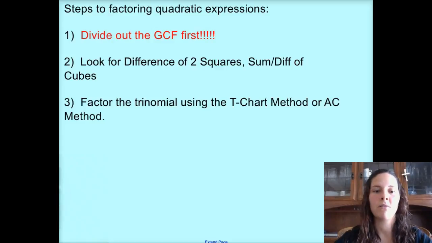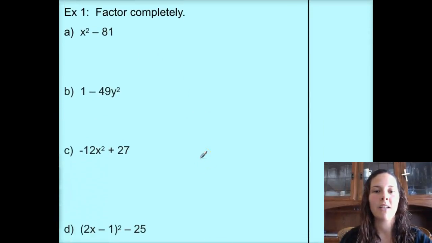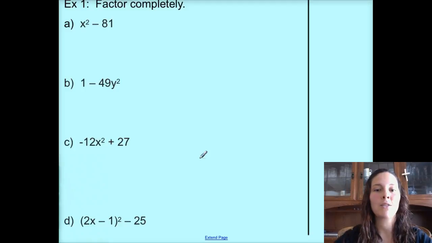Starting with some difference of squares, again, first thing that we want to look for is if we have a greatest common factor. In this case, x squared and -81 have no common factors, and we recognize it as a difference of squares, so we factor it into conjugates.